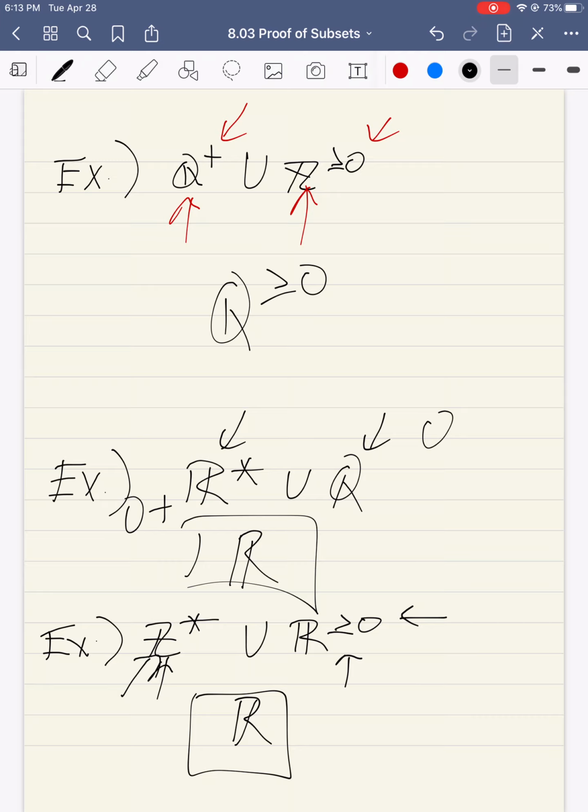So there's no way that I can use one of the 12 familiar sets to depict the intersection of these two sets. Because if I just leave this as R, that's including values like negative root 10. But negative root 10 is in neither Z star nor Z greater than or equal to 0.